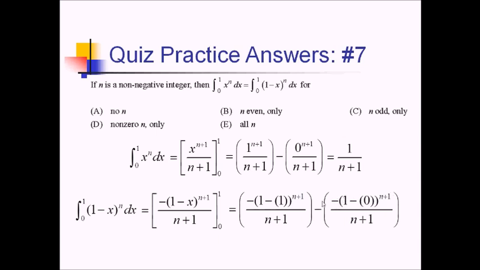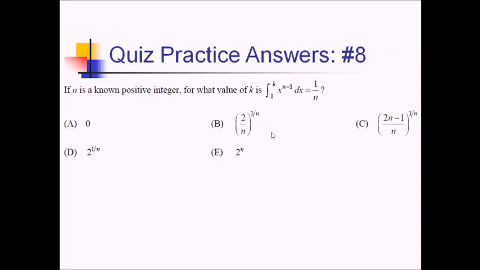So we end up with negative 1 over n plus 1. But now this negative and this negative can cancel. So this is really just 1 over n plus 1. Since this is equivalent to what we had before, that means that this equation holds true for all n values, not just certain ones. So choice E.